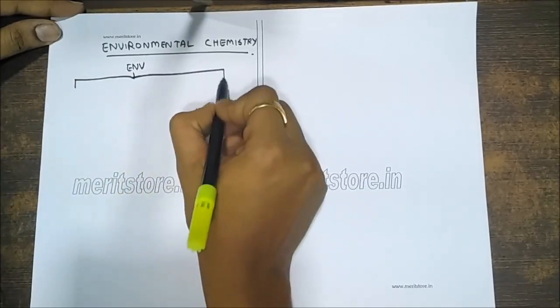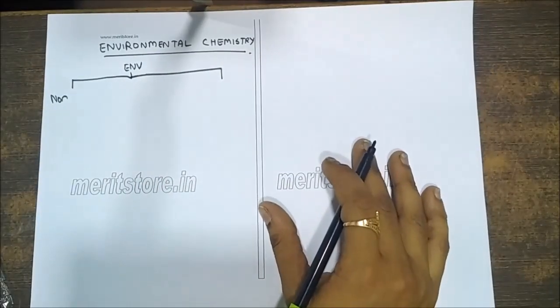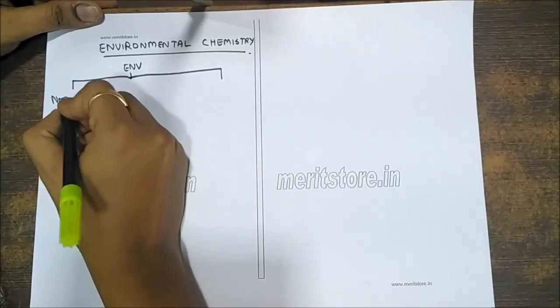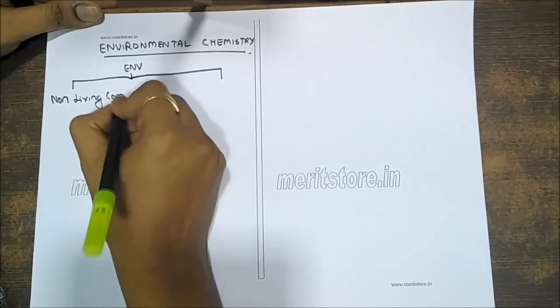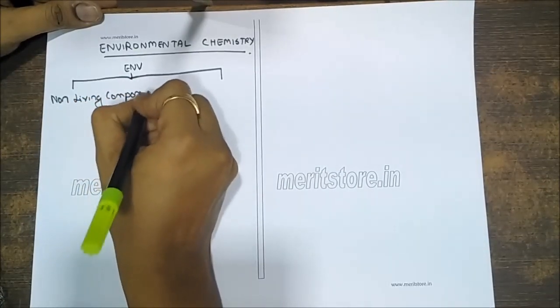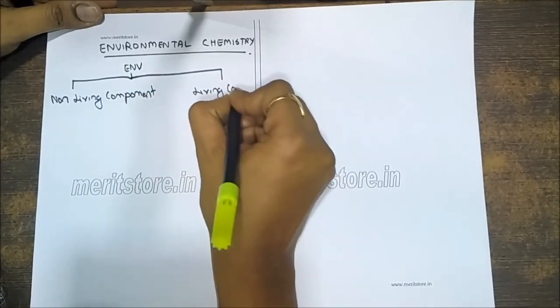Now environment consists of two components. One is the non-living component and the other is the living component.